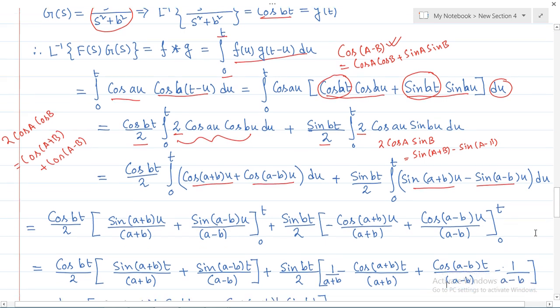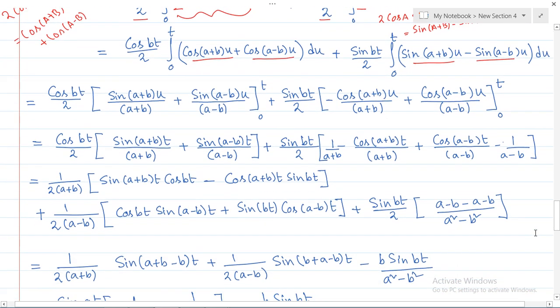The integration will be simple now. What is the integration of cos of (A plus B) u? That is sin of (A plus B) u by (A plus B). Similarly, cos of (A minus B) u will become sin of (A minus B) u by (A minus B). Limit is 0 to t. Similarly, for the second integration, sin bt upon 2, integration of sin is minus cos.